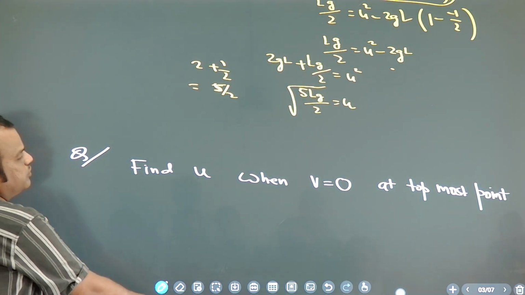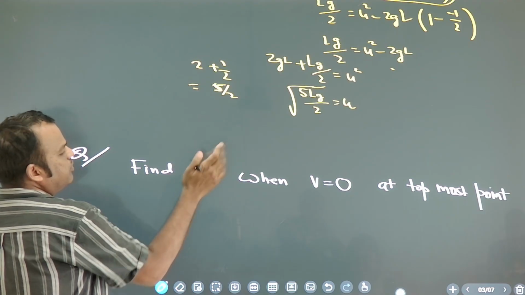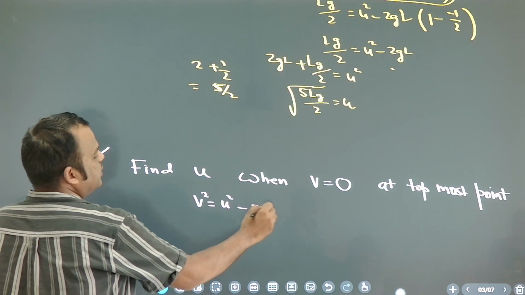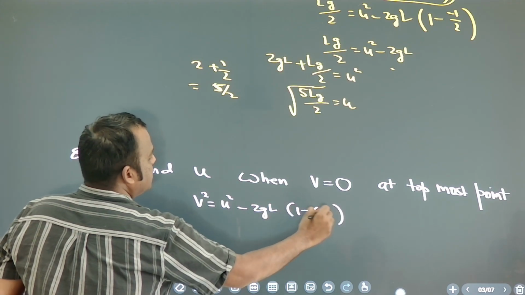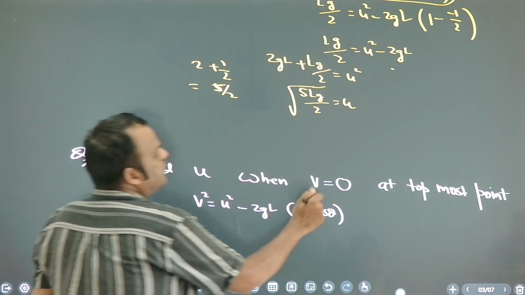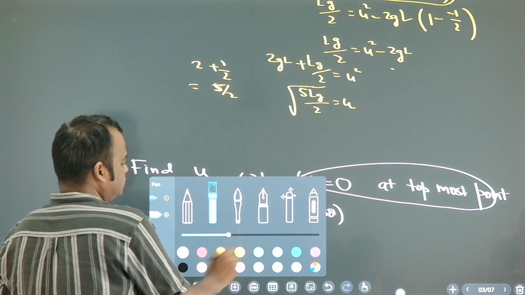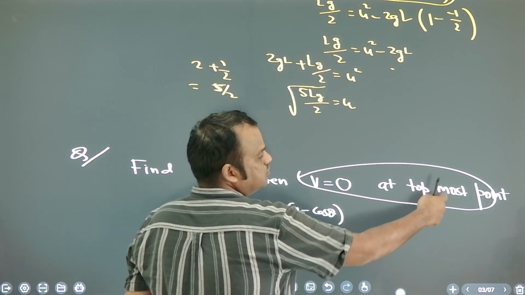So what is u? Tell me. Use the formula. What is the formula for v square? u square minus 2gl into 1 minus cos theta. Where is velocity 0? At the topmost point.